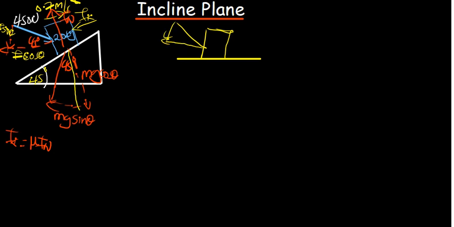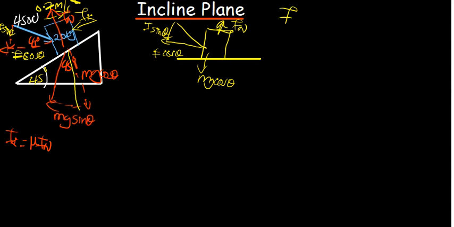So this is F sin theta, F cos theta. Now we know that we're going to have the normal force, which is Fn, and at the same time the weight force, which is mg cos theta. Let's now consider the forces in y direction.